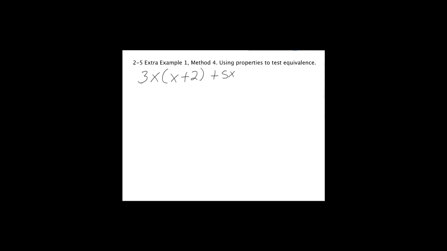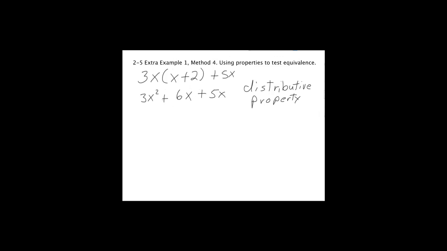So 3x times x plus 2, that'd give me 3x squared, plus 3x times 2 would be 6x, plus 5x. And this was the distributive property. And it's the distributive property of multiplication over addition or subtraction. In this case, it's addition.